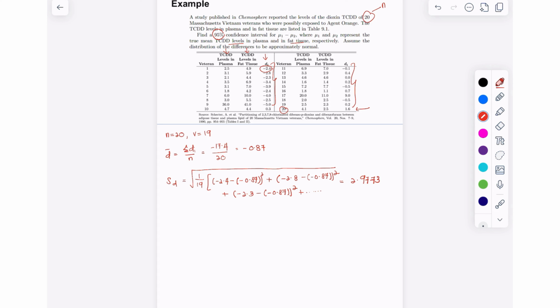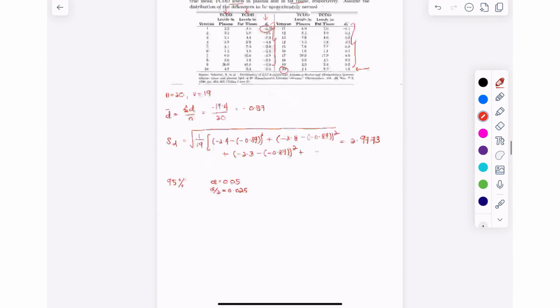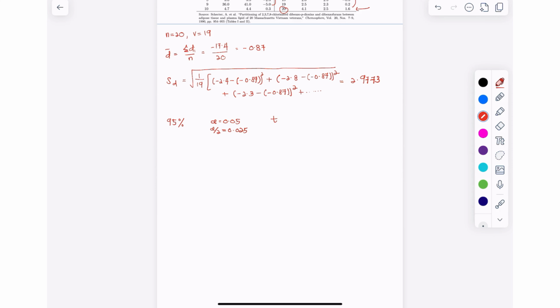So now you already have d bar and the standard deviation SD. We want to find a 95% confidence interval, which means that alpha would be 0.05 and alpha over 2 is 0.025. So the t alpha over 2 that you want to find would be t 0.025. If we construct the bell shape, t 0.025 would be on the positive side.